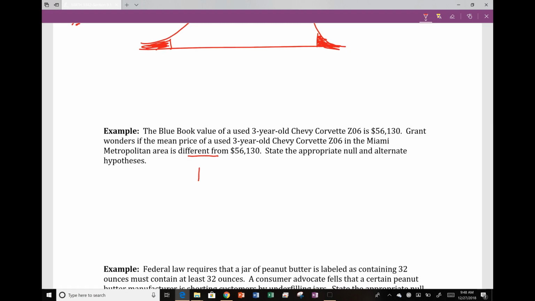So we're going to state the null and alternative hypotheses. So here's our null, here's our alternative. We're talking about the mean price, okay? And then we want it different from $56,130. So we're going to do $56,130 in both hypotheses.